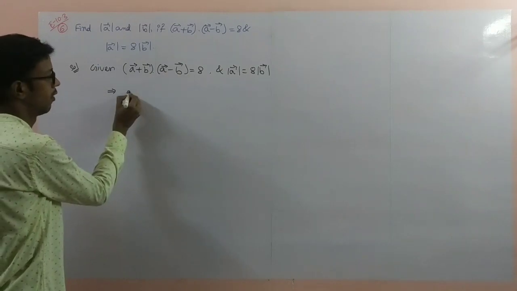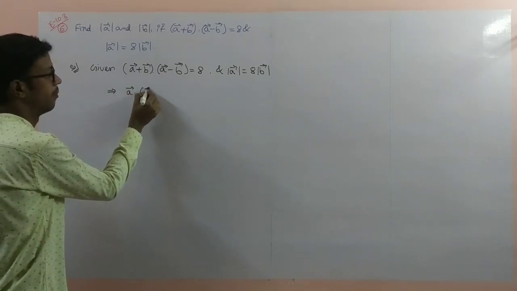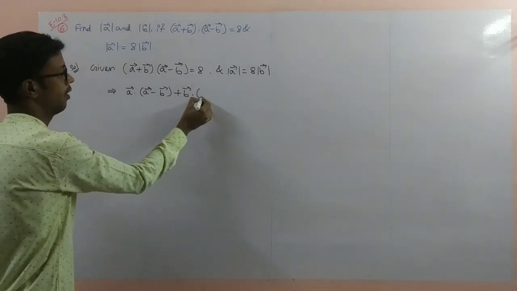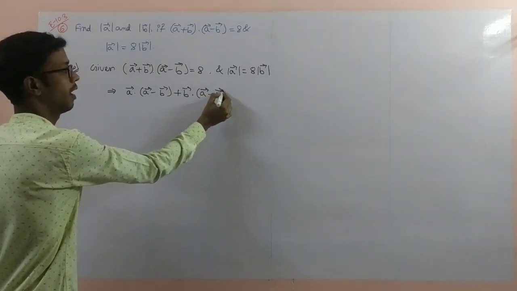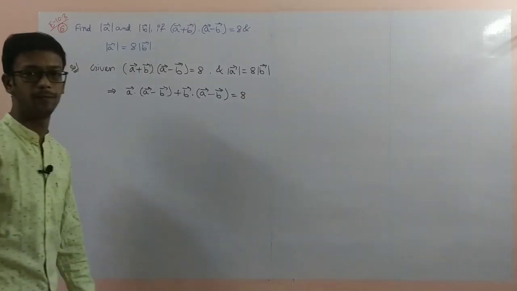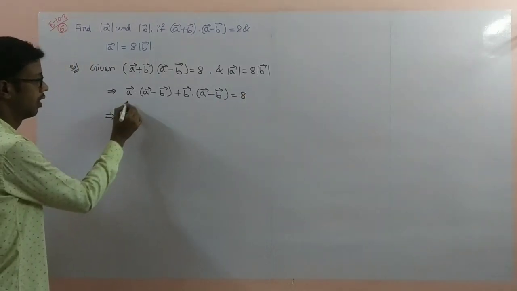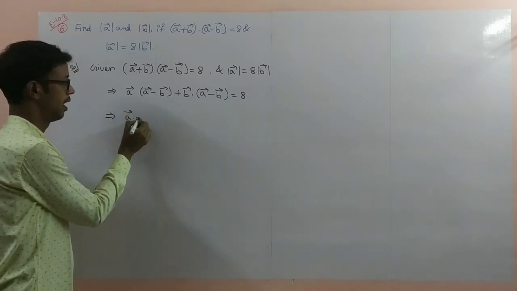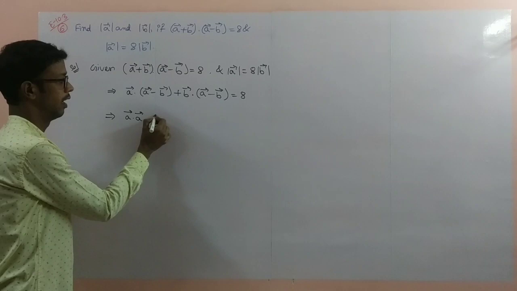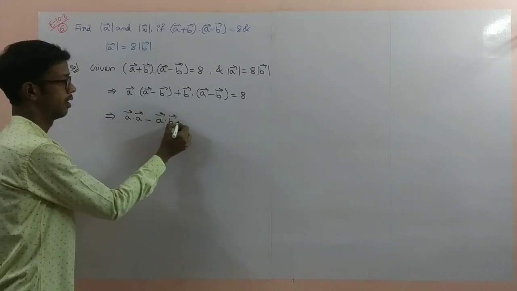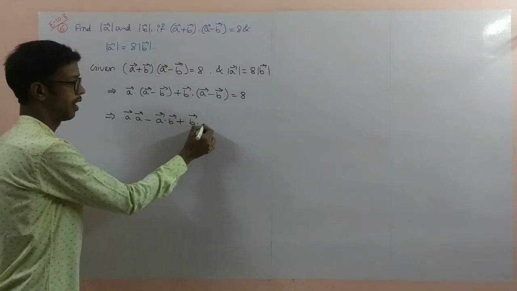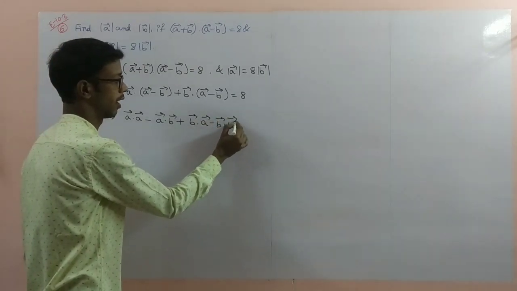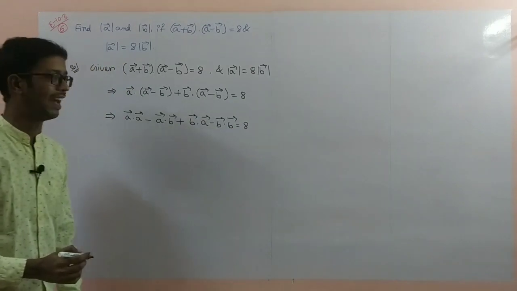Multiply this total: A bar dot of A bar minus B bar plus B bar dot of A bar minus B bar is equal to 8. Now again multiply inside here: A bar dot A bar minus A bar dot B bar plus B bar dot A bar minus B bar dot B bar equal to 8.